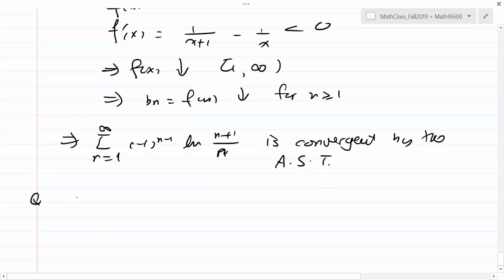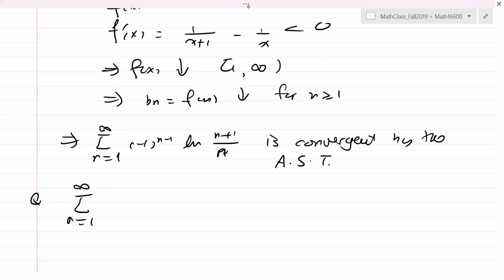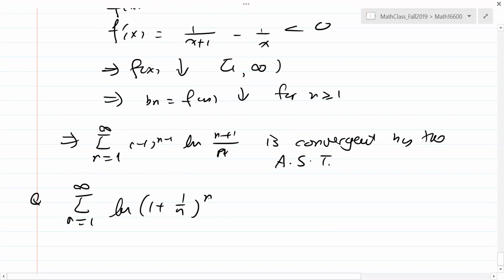And if I change a little bit, I'm not going to put a negative sign here. Just suppose, I made a mistake last time, right? I wrote natural log of 1 plus 1 over n, to the power n. So we want to see whether it's convergent or divergent.